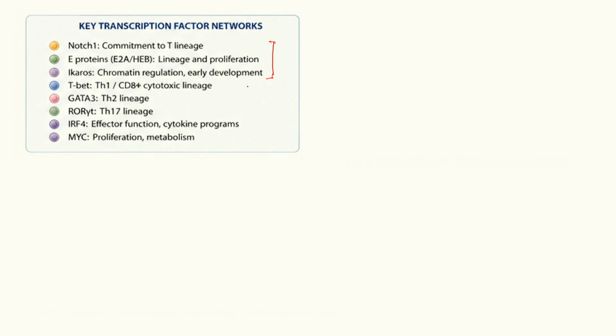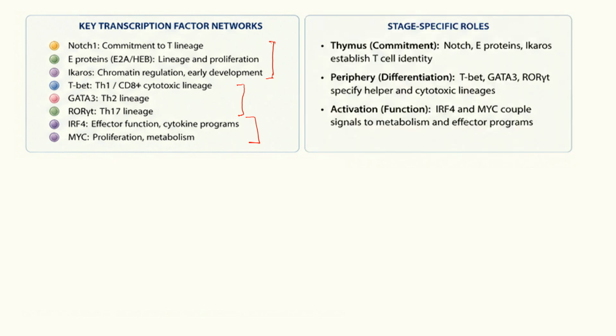Then we have T-bet, GATA3 and ROR gamma, which particularly control the transcription in the peripheral level, Th1, Th2 and Th17, while the activated T cells are controlled very effectively by IRF4 and MYC expression in the cell. This can do all the functions which we have discussed. These are the stage specific roles which I am summarizing here, the same things we have discussed till now.